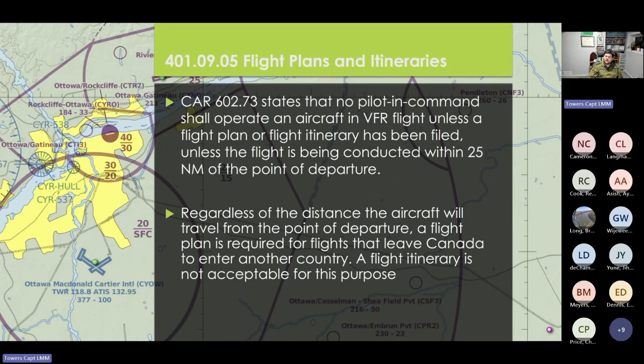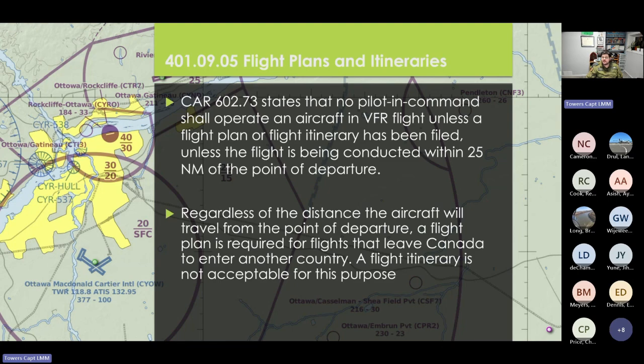So does anybody know if we typically file flight plans or flight itineraries for our gliders going up and down doing FAM flights for the cadets? Anyone feel like filing 40 flight plans in a day? No, we don't, because we stay within that 25 nautical miles of the point of departure.